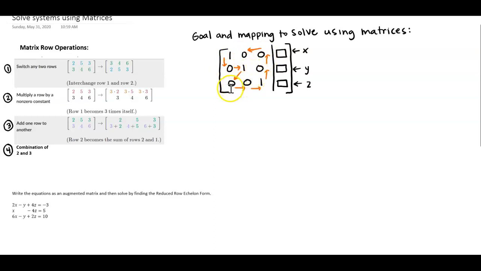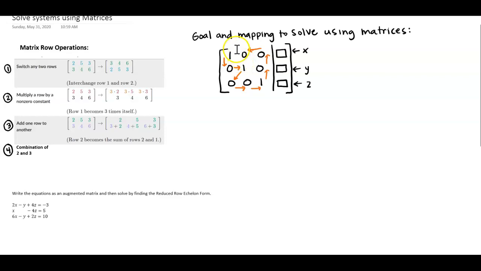On the bottom row, a 0, 0, 1. And when we do that, the numbers that end up in this column on the other side of that line, right, this is where the equal signs are, on the other side, that's what's going to tell us what our x is, what our y is, and what our z is. And notice that these arrows that I have, these are just to help you map out a way to be able to get to all of those different numbers to make those zeros and ones.